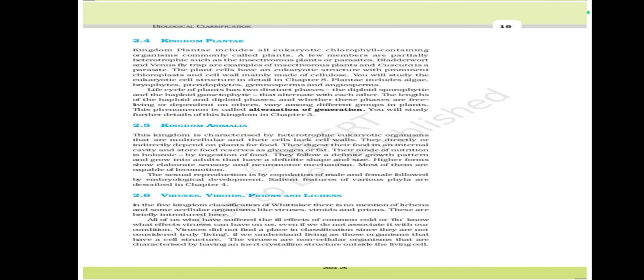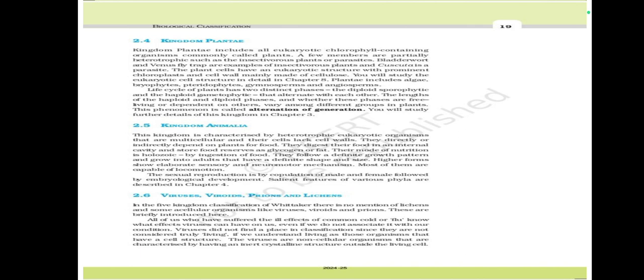Kingdom Animalia. This kingdom is characterized by heterotrophic eukaryotic organisms that are multicellular, and their cells lack cell walls. They directly or indirectly depend on plants for food. They digest their food in an internal cavity and store food reserves as glycogen or fat.